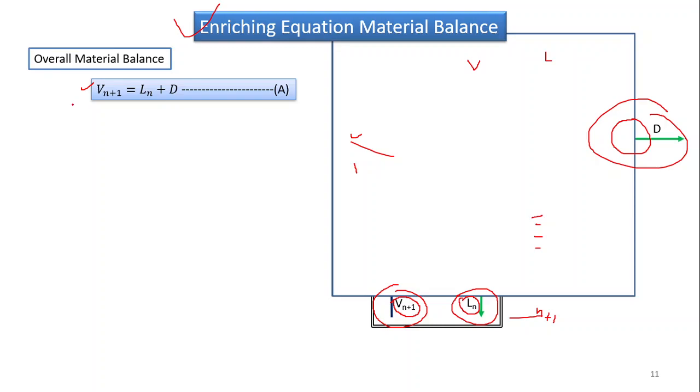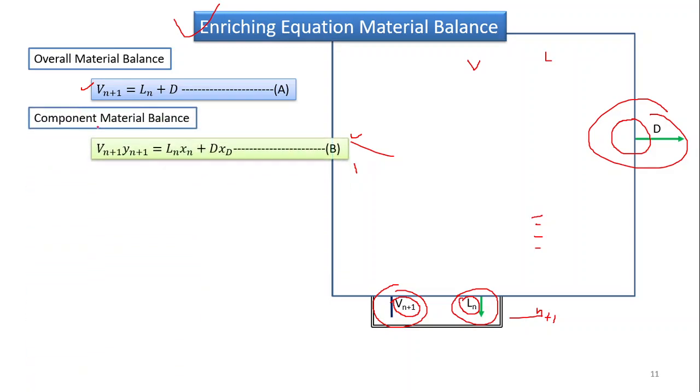Obviously there are components also, so we can go for the component material balance. In the component material balance, we always go for the lighter component, that is component A. The composition of A in the vapor phase is denoted by Yn plus 1, and this is the flow rate of vapor leaving the n plus 1th tray.